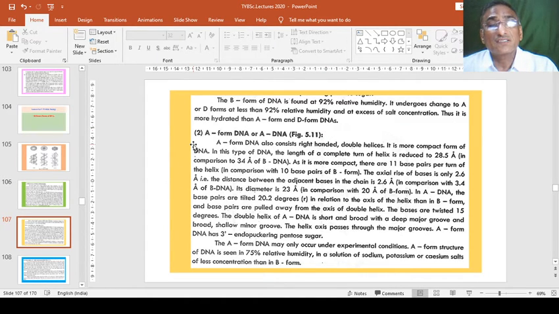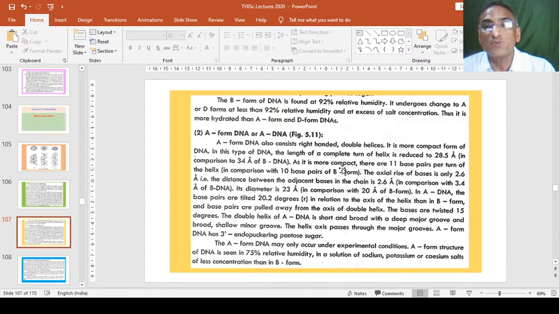Now second, actually the B form of DNA is the standard. The A form of DNA or aDNA also consists of right-handed double helices, but it is a somewhat compact or compressed structure of DNA, and in this type of DNA the length of a complete turn of the helix is reduced to 28.5 angstrom, whereas in standard B we have seen it was 34 angstrom.